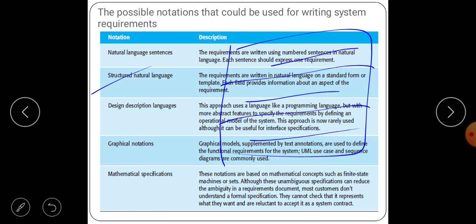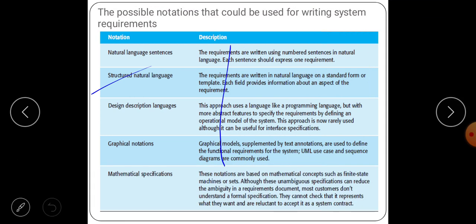Or using a form template, means using one blueprint like a table, or like using arrows. We are going to give one structure and write the requirement in natural language. Okay, that is structured language.